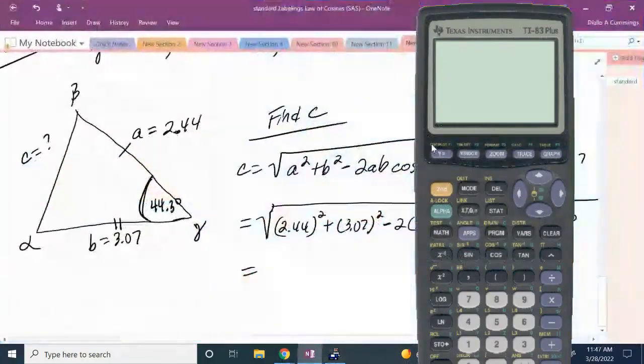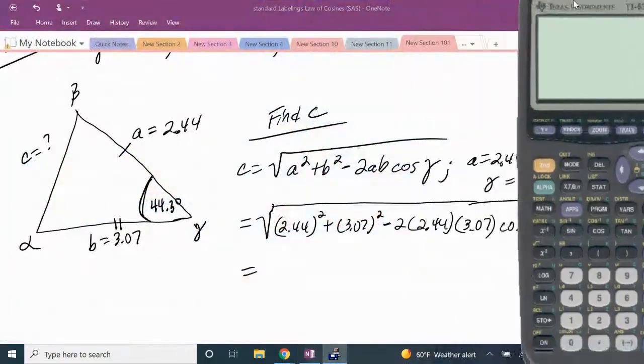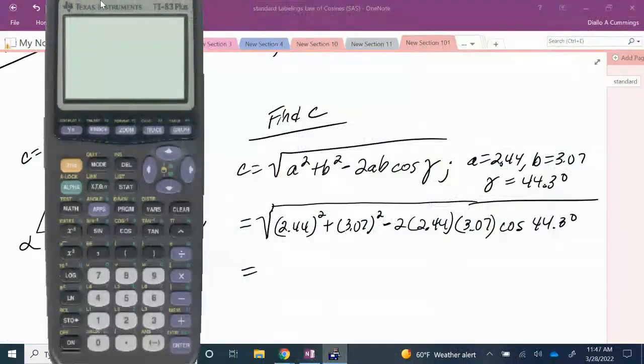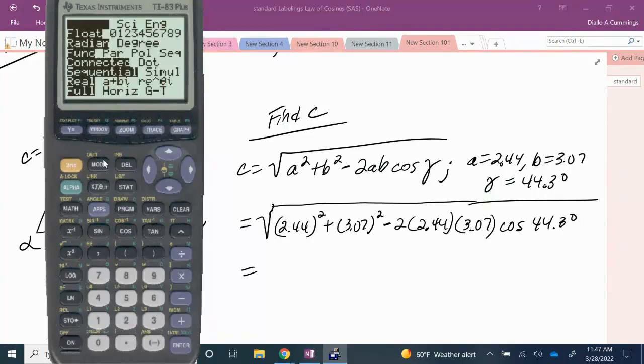I'm going to close one down. All right, so I'm going to put this into the calculator. So first off, let's make sure that we are in the right mode. I want to make sure that I am in degree mode, right? Because I'm given a degree measure. We're given 44.3 degrees.